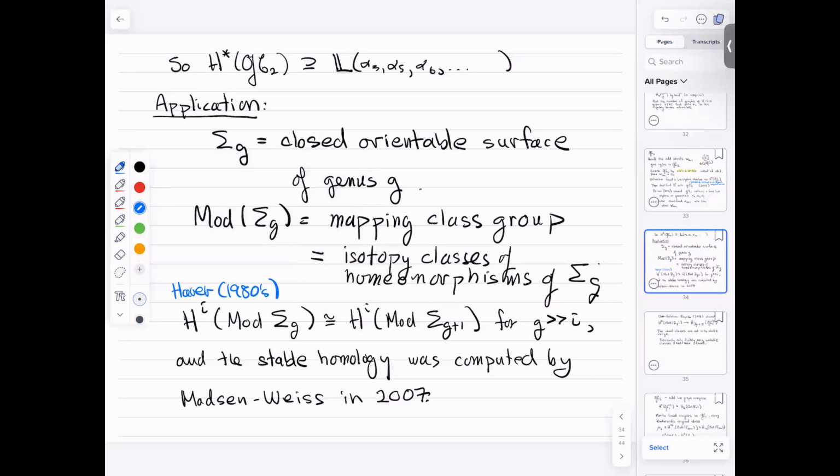So Harer proved that the homology doesn't change as the genus gets bigger, as long as the genus is big enough. So the stable homology was computed by Madsen and Weiss in 2007 in a very famous paper. Madsen got invited to give a plenary lecture in the International Congress of Mathematicians about it, so people were pretty interested.